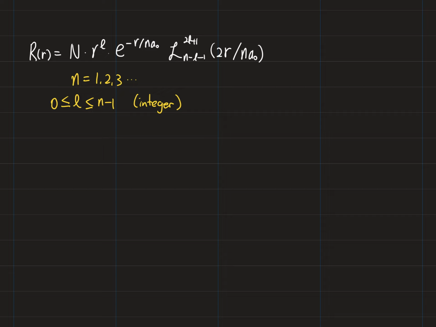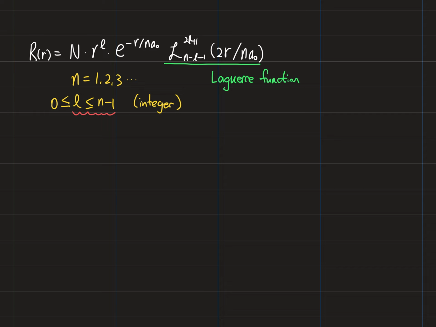So let's discuss the restriction on l. Why is there a maximum bound for quantum number l? In the last lecture, we discussed the presence of the Laguerre function in the hydrogen atom's radial function.